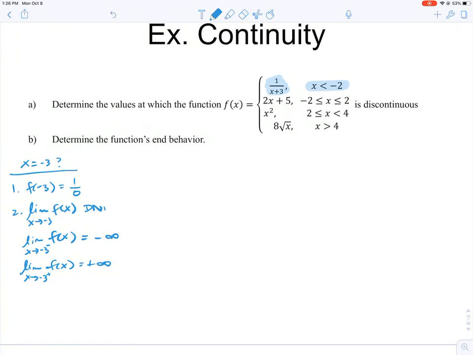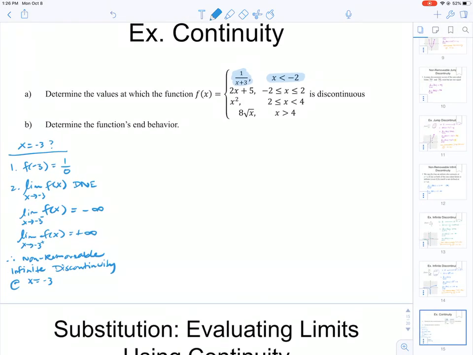Okay, so this is D and E. But we therefore know that there is a non-removable infinite discontinuity at x equals negative 3. I'm going to give myself another page here.